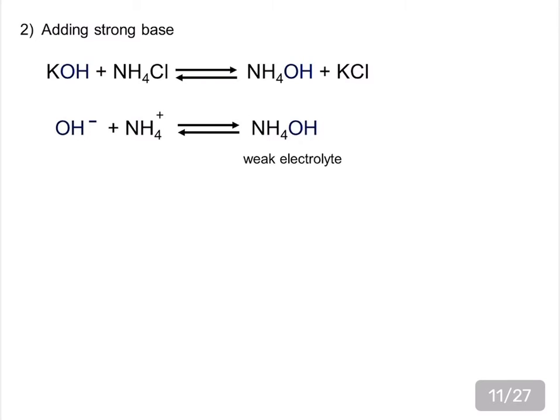So let's write down an intermediate conclusion. Why can a buffer solution keep the hydrogen index value?